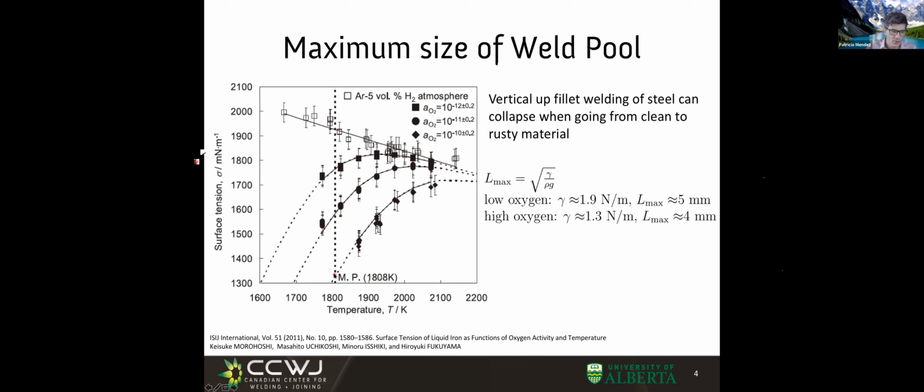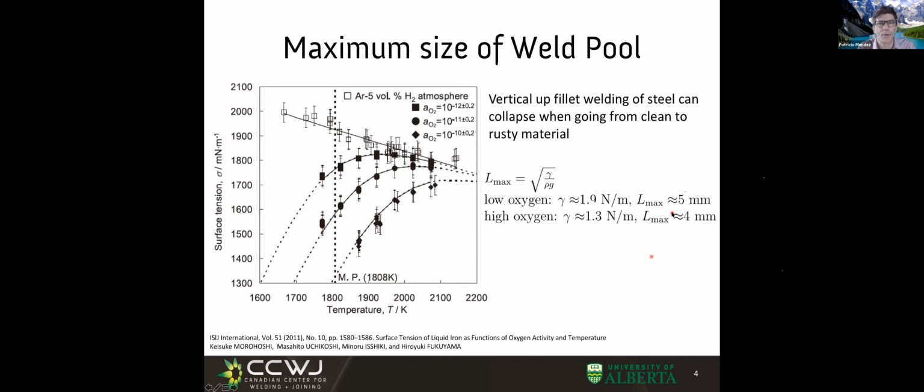And if you add more and more oxygen, the surface tension is lower, essentially because the oxygen is satisfying some of the unsatisfied bonds on the surface that are the source of surface tension. So essentially the oxygen is relaxing it a little bit. And what this says is that depending on whether you have low oxygen or high oxygen, you're going to have a different maximum size of the bead.